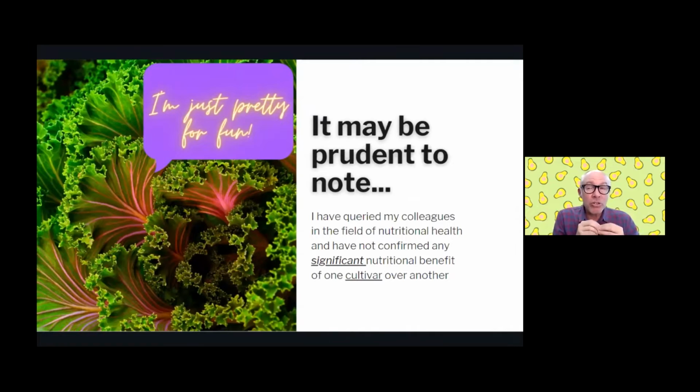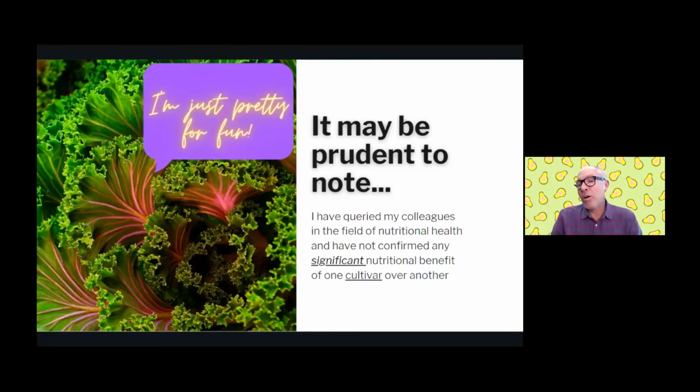I have consulted with the nutritionists. Nutrition is not something that I have ever focused on. I'm more of a botanist. I look at what we've got in front of us. Nutrition requires much, much deeper thought and experiment and testing. I have never been given any reason to believe that there is a nutritional difference between a purple carrot and a yellow carrot, or a white carrot and an orange carrot.